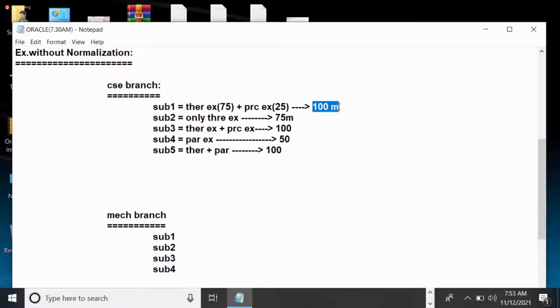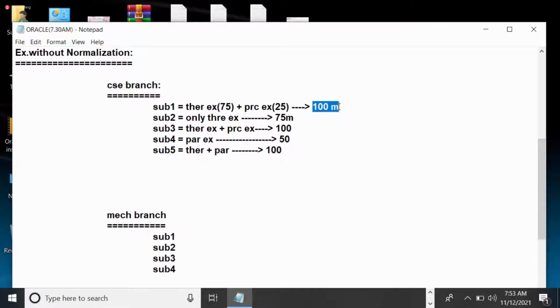So that means including the theory examination plus the practical examination, the combination, subject 1 total marks is 100. But the remaining subjects are not all like this. Few subjects have practical and theory, few have only theory, and few have only practical. This kind of scenario we can see in our examinations.